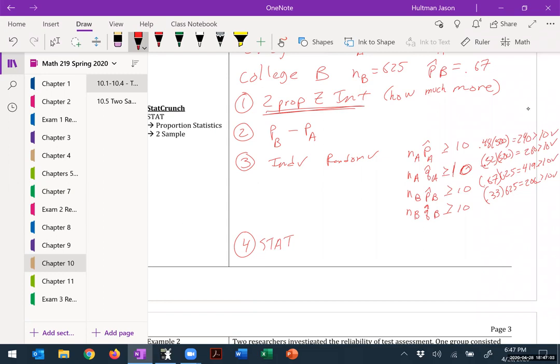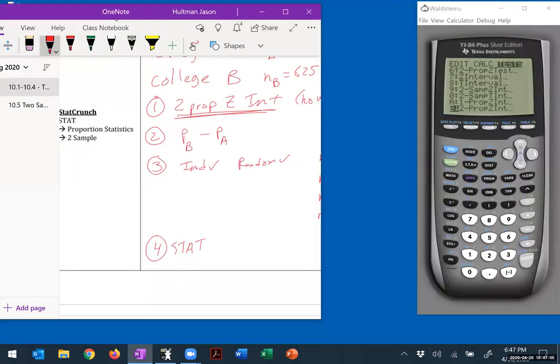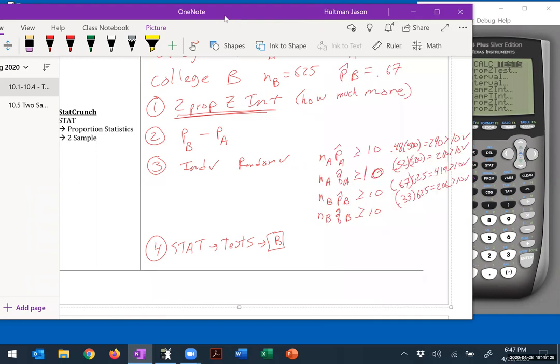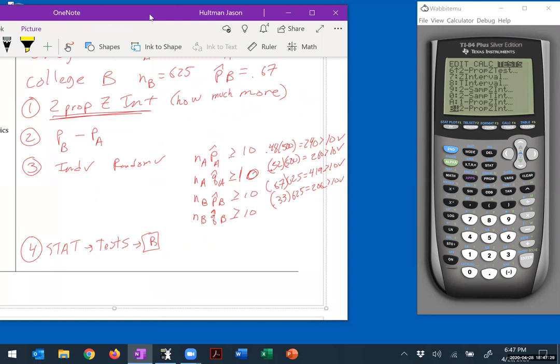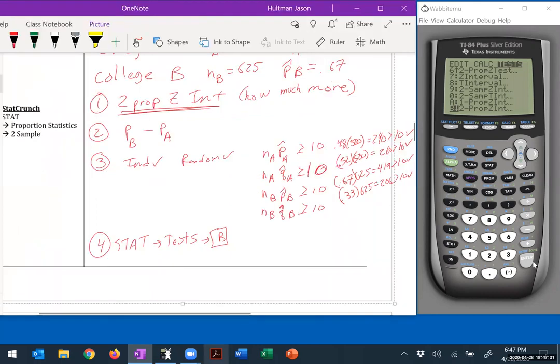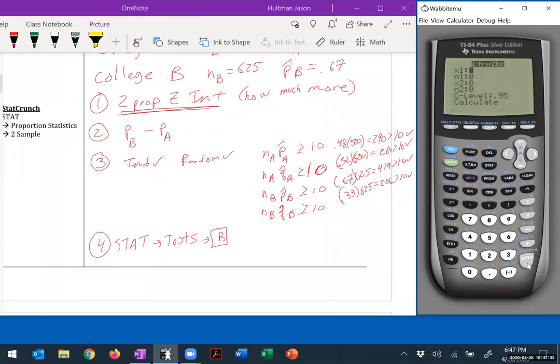Okay, stat, and then tests, and then B, for 2 prop z int. I'm going to hit enter on that, and it's going to say, what's your X1?